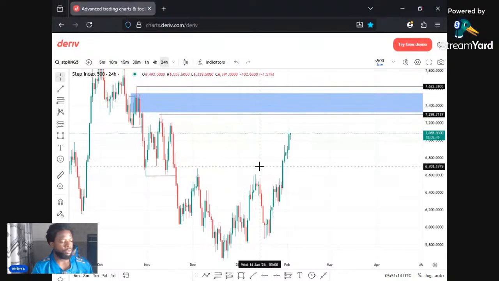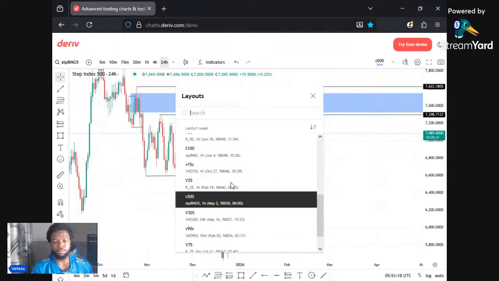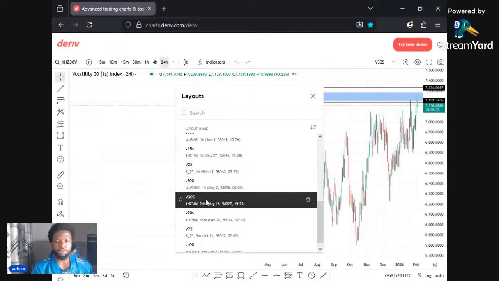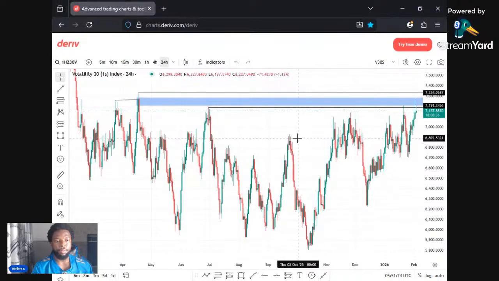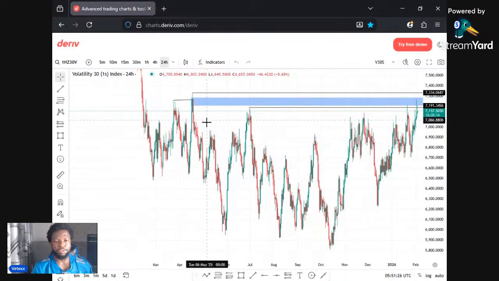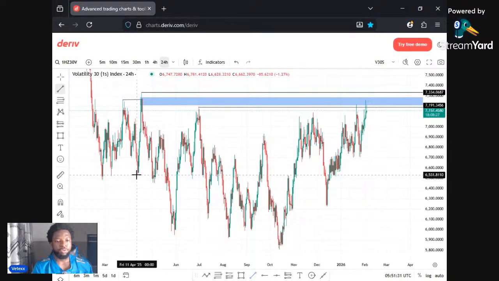We check the next pair, which is V31S. The V31S has been bearish, and as you can see, we already marked out the bearish structure. First of all, we have our sweep of liquidity, first break of structure, which is here.